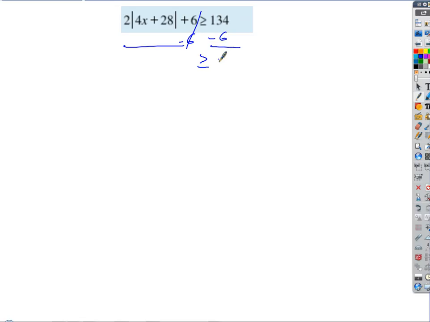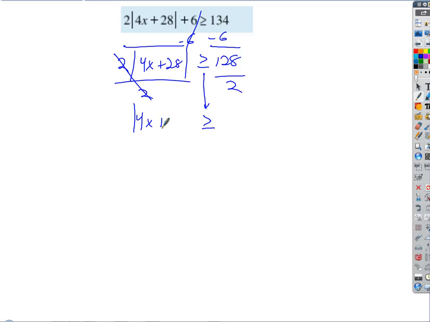So we're going to get 128 and 2 times the absolute value of 4x plus 28. I've got to get the absolute value by itself, so we'll divide by 2 on both sides. I'm dividing by a positive, so I don't need to switch the inequality. And then I get the absolute value of 4x plus 28 is greater than or equal to 64.